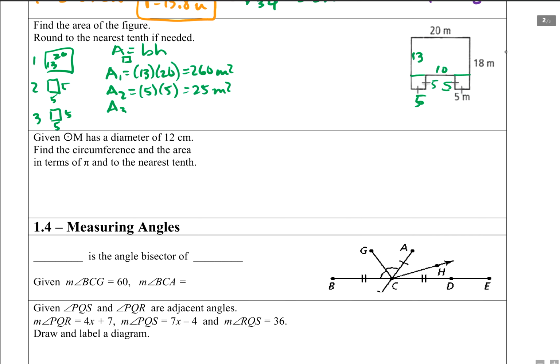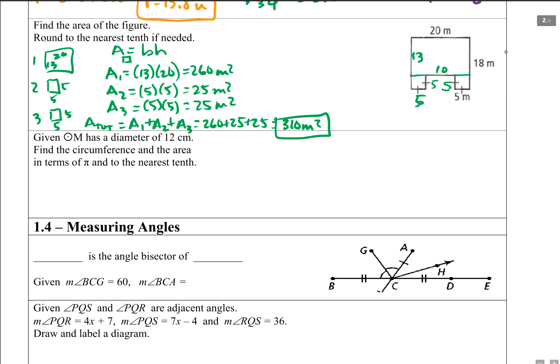And area 3 is 5 times 5, which is 25 meters squared. So here, area total is area 1 plus area 2 plus area 3, 260 plus 25 plus 25 is 310 meters squared.